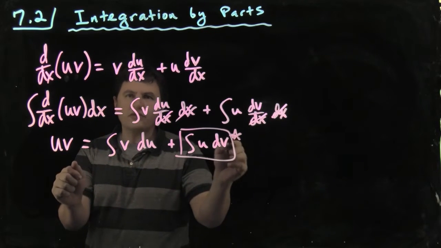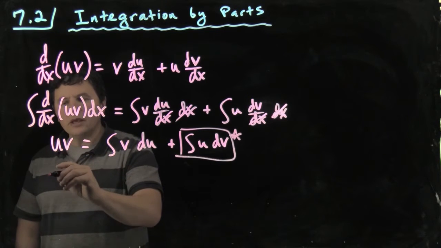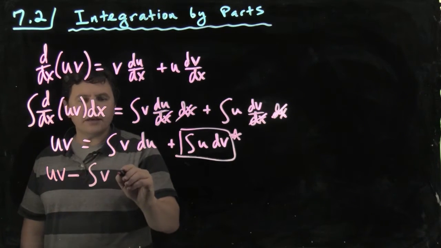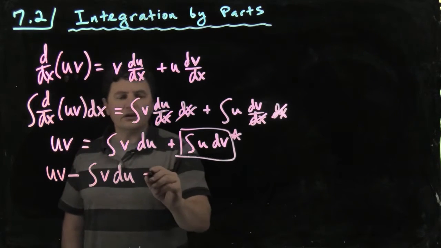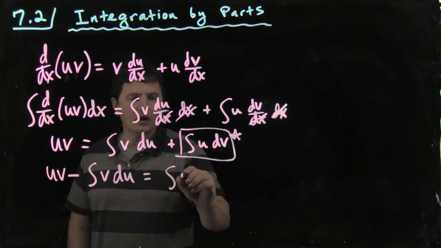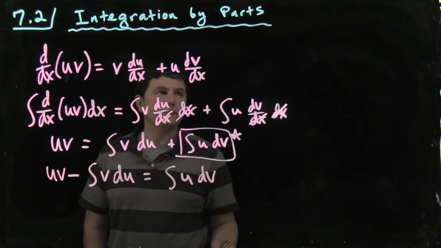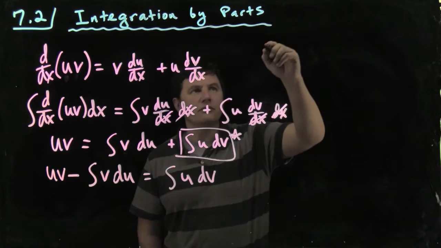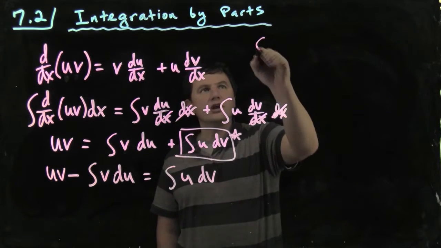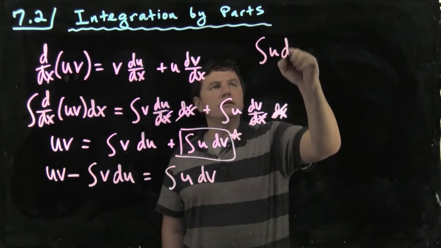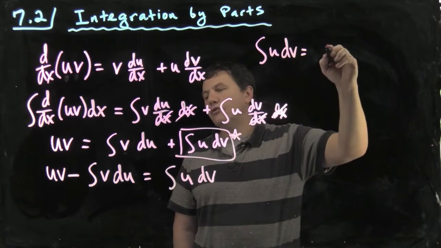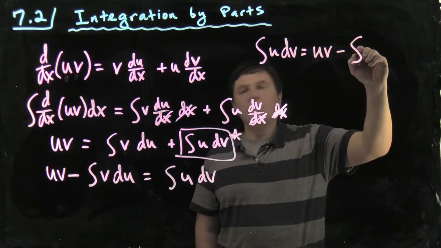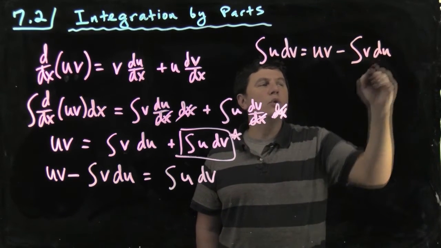This is how we're going to express our integrals, and our formula will be uv minus the integral of v du is equal to the integral of u dv. Okay, so what we end up memorizing is our integration by parts formula, which is this right here. So the integral of u dv is equal to uv minus the integral of v du.